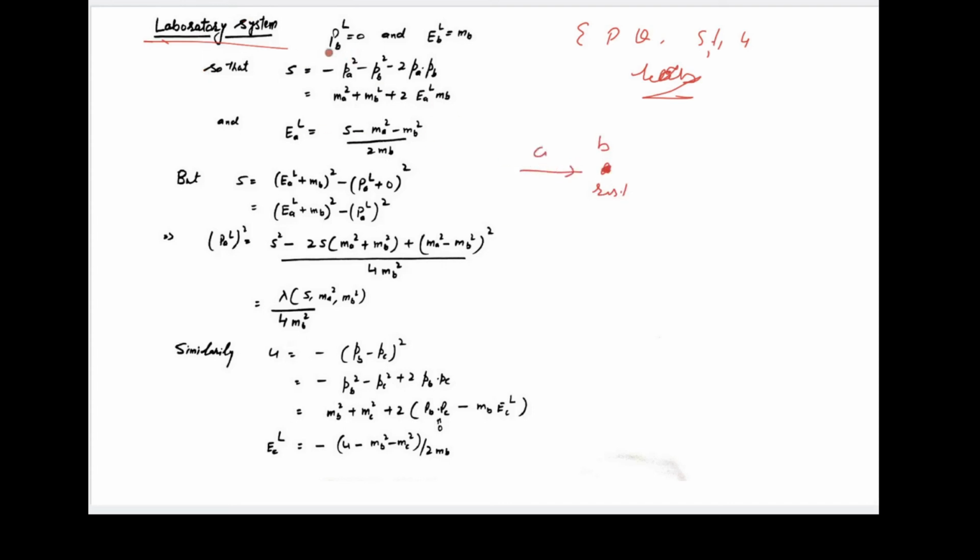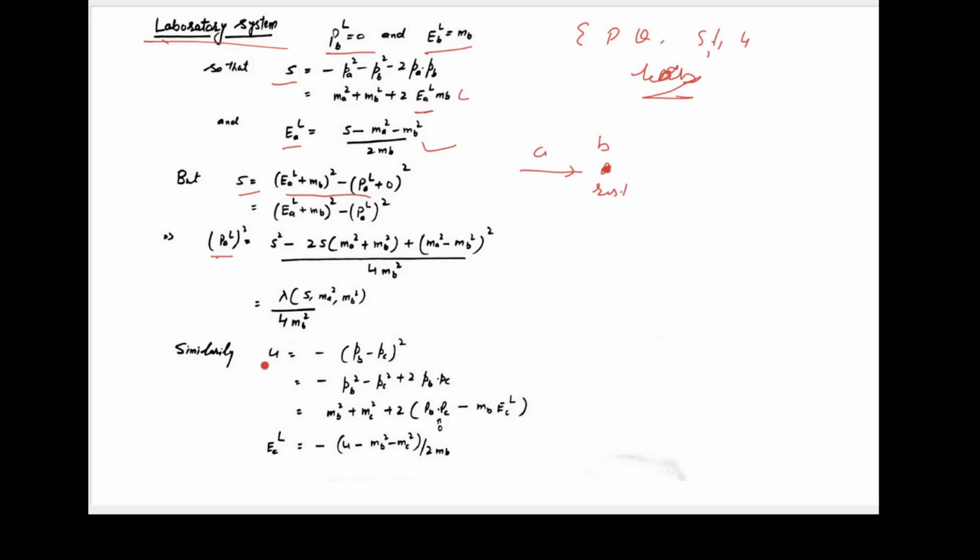So the linear momentum of the B particle will be 0, which implies its energy is equal to mb. The energy of the B particle in the laboratory frame of reference will be equal to mb. So now S will be equal to this. From here we can find EA, and S can also be written in this form. From here we can find PL, the momentum in the laboratory frame of reference.